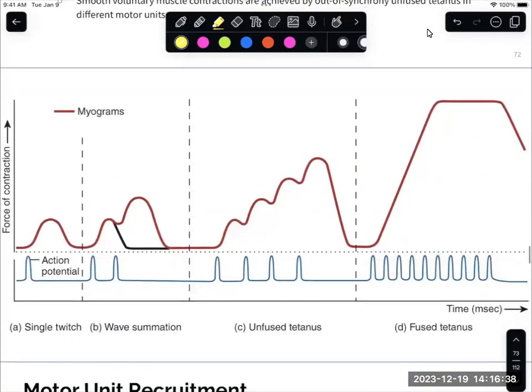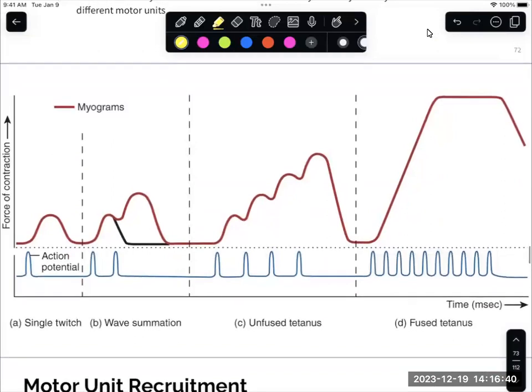Picture a single twitch: we have this one action potential that gives us this one contraction. We have two action potentials that come in. We get our first muscle contraction. Our muscle hasn't fully relaxed, but it is far enough through that action potential process to where we can generate another contraction, which means we get a stronger contraction out of it.